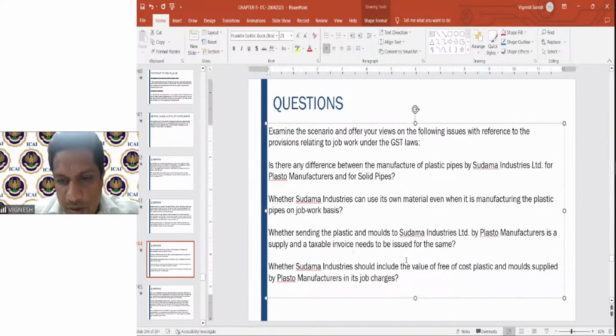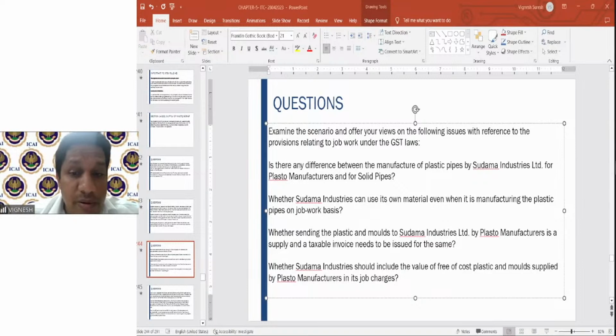Whether Sudama should include the free of cost plastic and molds supplied in its job charges. With regard to molds, as I told you, if you look at section 15 subsection 2 clause B, value of supply related thing: any amount which the supplier is liable to pay but has been incurred by the recipient is to be included in the value of the supply.